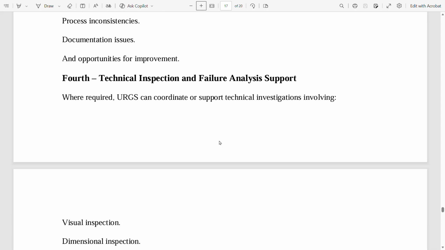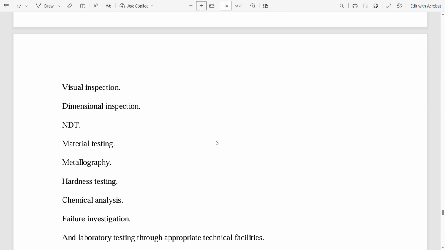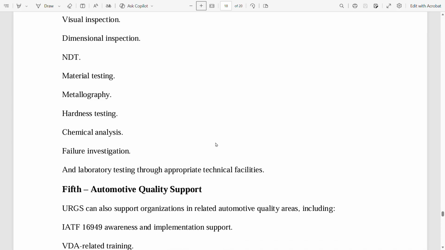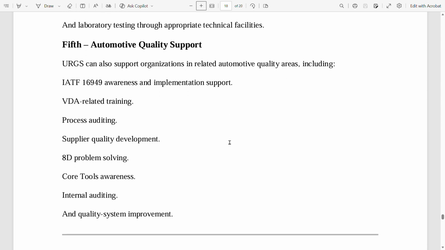Fourth, technical inspection and failure analysis support. Where required, URGS can coordinate or support technical investigations involving visual inspection, dimensional inspection, NDT, material testing, metallography, hardness testing, chemical analysis, failure investigation, and laboratory testing through appropriate technical facilities. Fifth, automotive quality support.